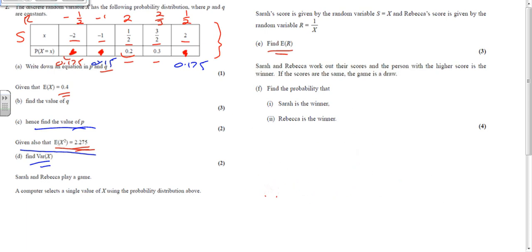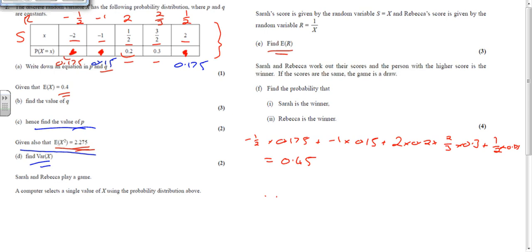And so again, we'd write down the workings for that. If we do that, that gives you 0.45.